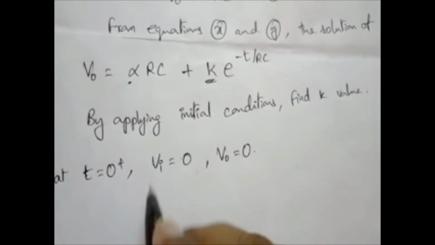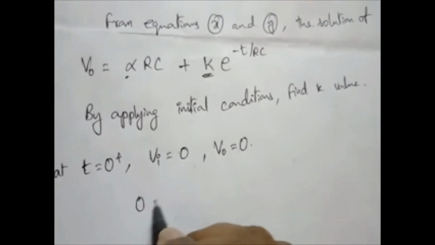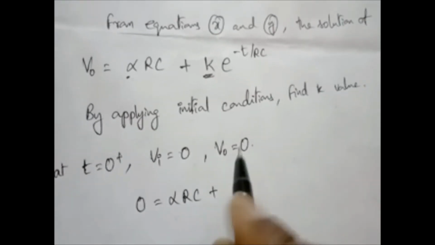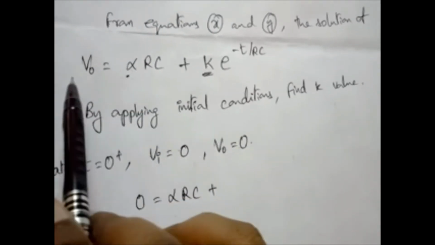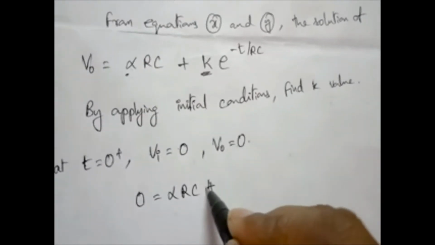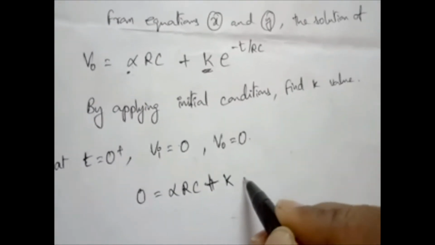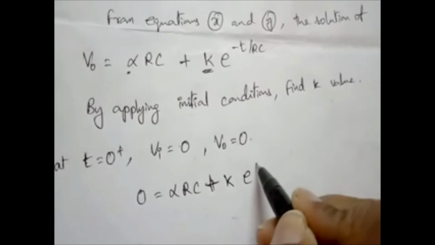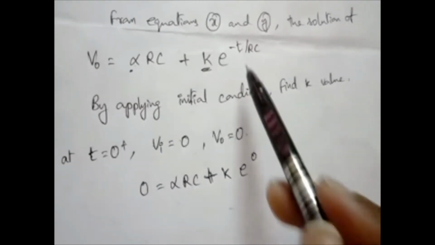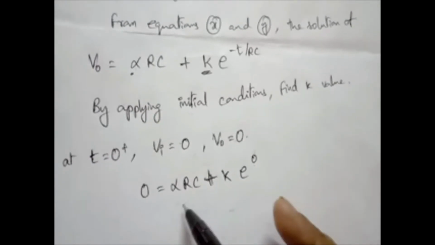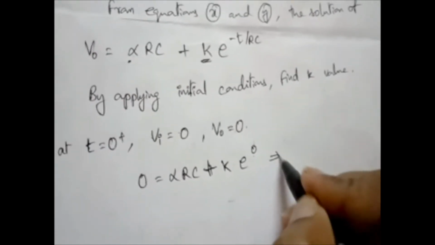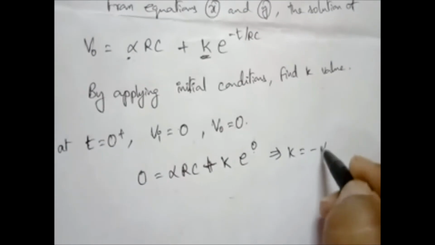So substitute this in the above equation: V0 value as 0 equals alpha into RC plus K into e power 0. Substituting t equal to 0, from this equation we get the K value as minus alpha RC. Let this be equation number 4.